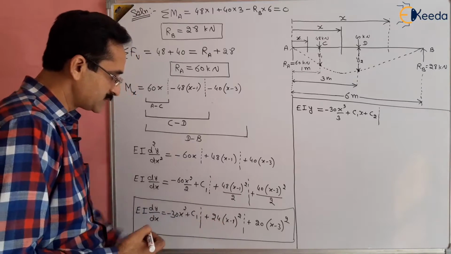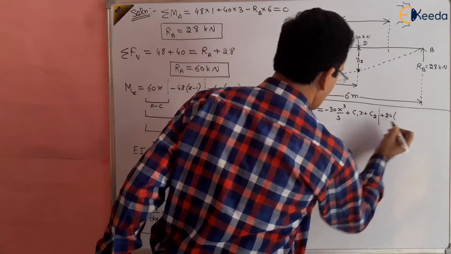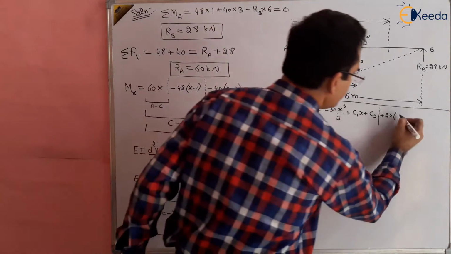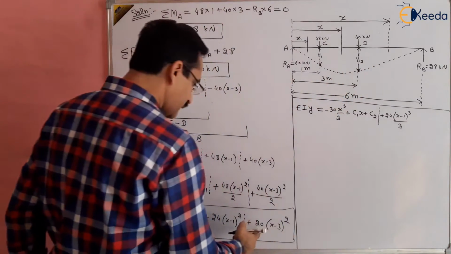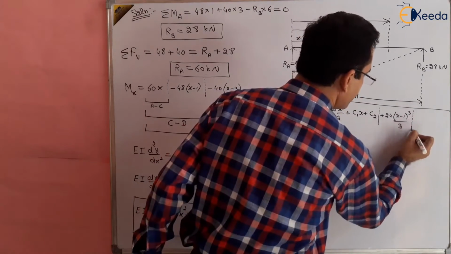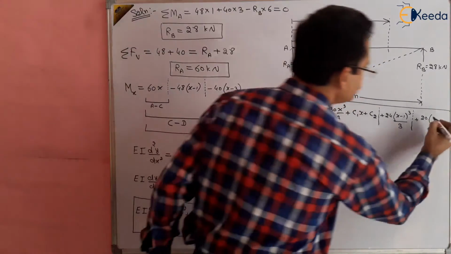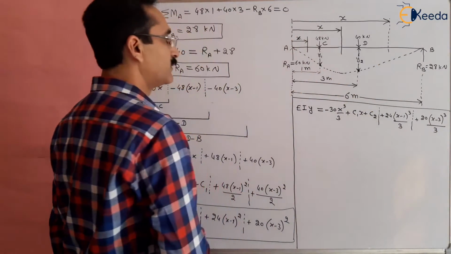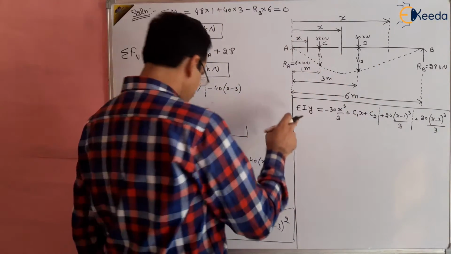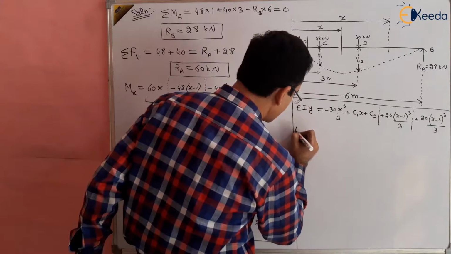Then the integration of this, 24 x minus 1 cube by 3, and then the integration of this, x minus 3 cube by 3. So this is the integration of the slope, right? And we will get the deflection now. So what is the deflection now?